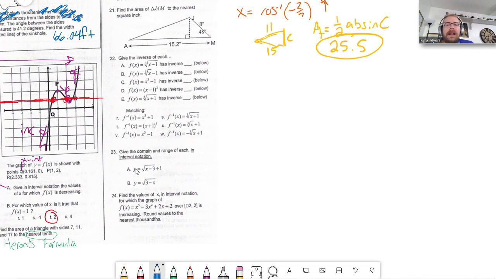So we cannot have a negative, which means you would take whatever is under the radical, no matter what it is, just take it and write it again, and then write greater than or equal to 0, and then solve it for x, and then you have your answer. That would be in set notation. They want it in interval notation, so you have to rewrite it, but it is what it is.